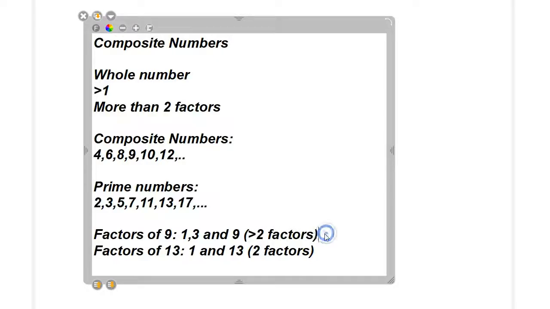So this is a composite number. All these numbers here have more than 2 factors, but all these prime numbers have only 2 factors, 1 and the number itself. So yeah, thank you. I think this sums up everything for learning about composite numbers.